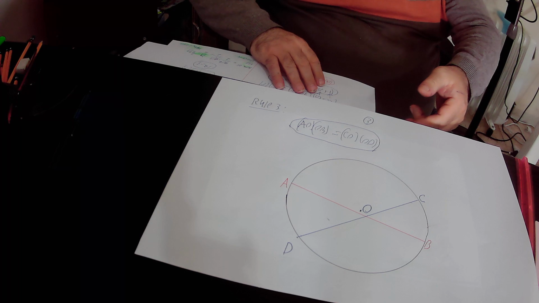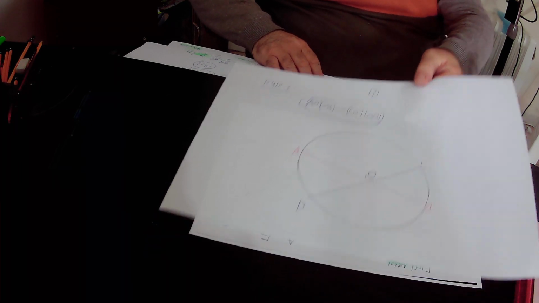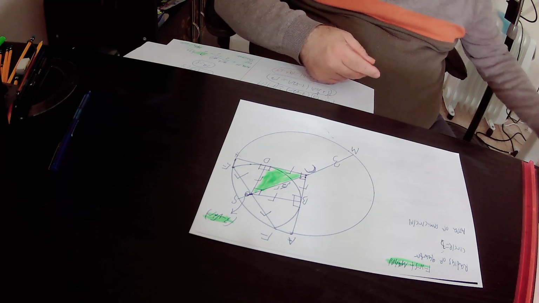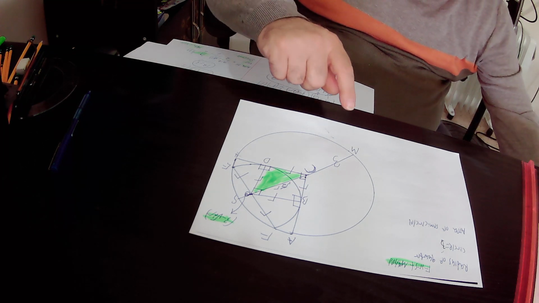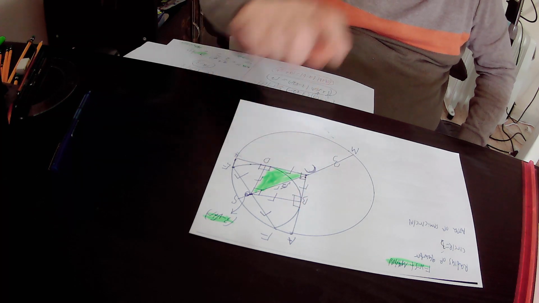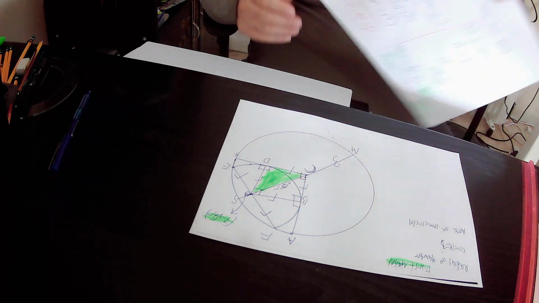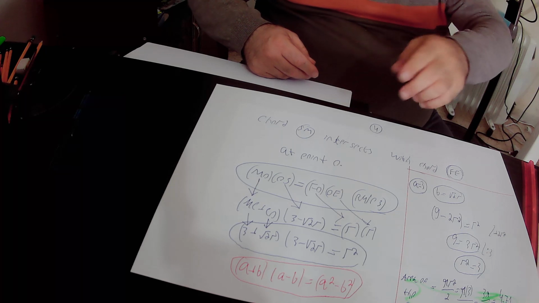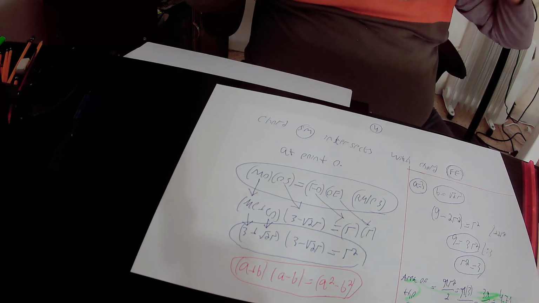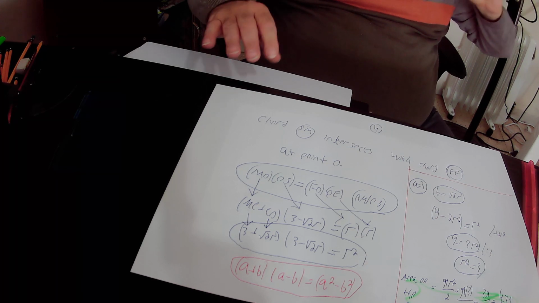So we can implement rule number 3 in our drawing. Why? Because in our drawing, the chord MS intersects with chord FE at point O. Chord MS or SM, it is the same. Point O is the intersection point of the two chords.